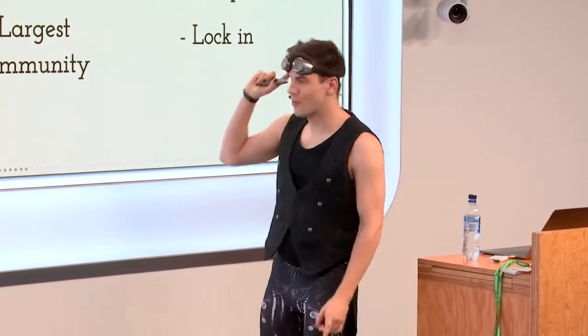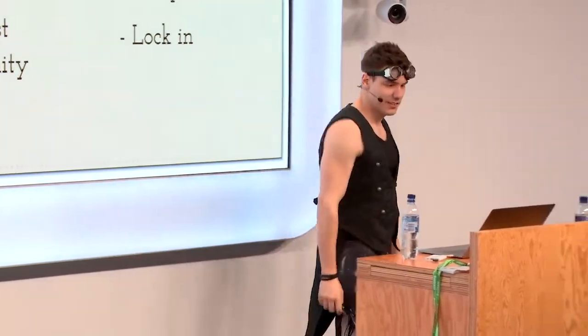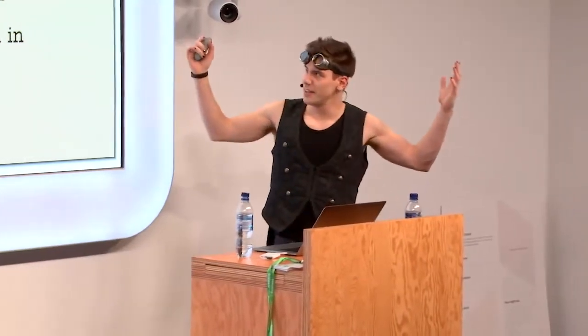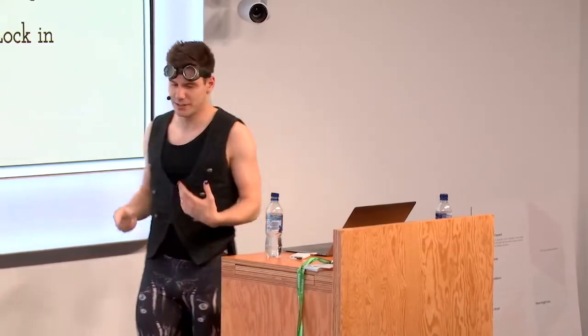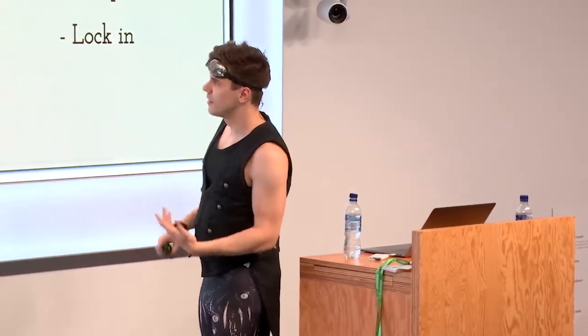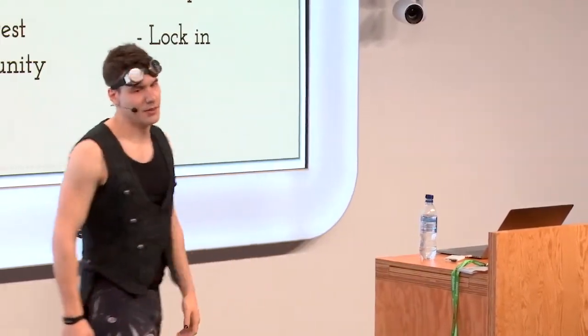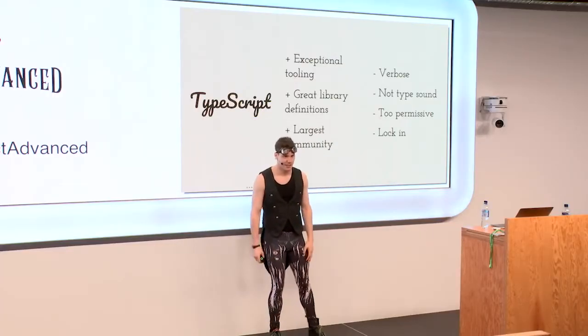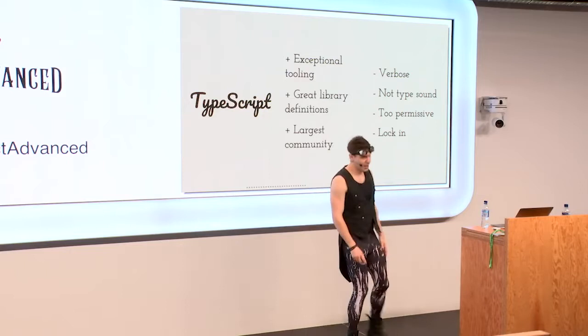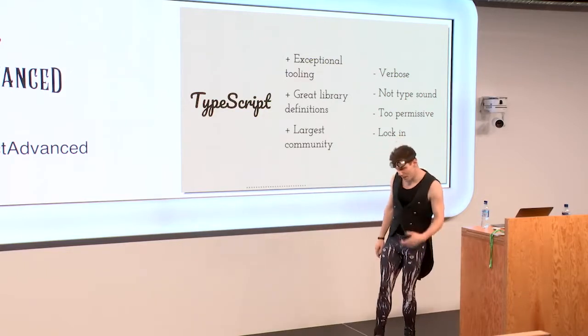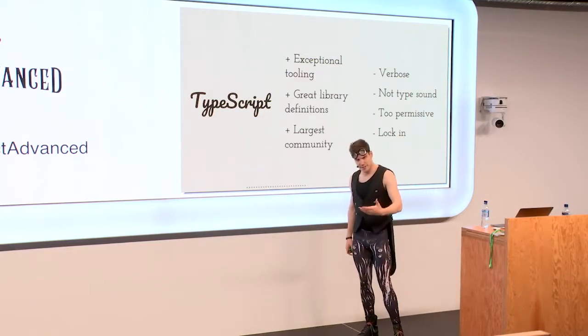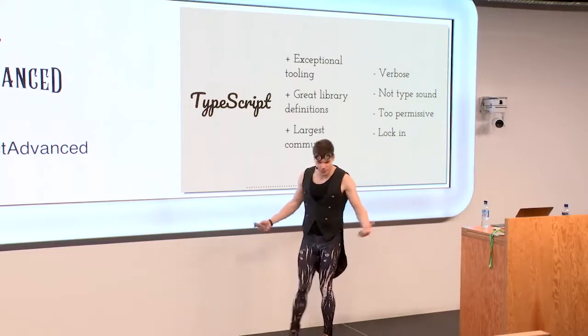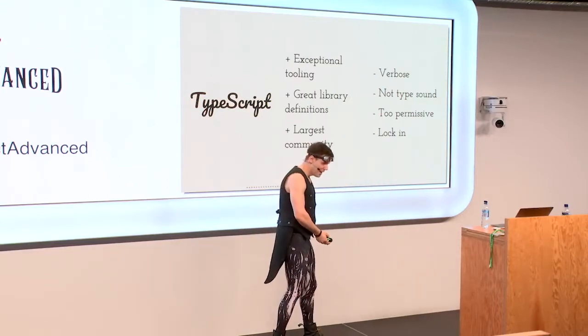It's great. The library definitions are good because it has a large community, and large community means you have lots of Stack Overflow posts, which are very important when you're trying to tackle difficult edge cases that can set you back many, many hours. On the downside, it's very verbose. You're going to be doing a ton of typing, and typing makes people sad. It's not type sound, and it never intends to be. What this means is if it says, I am a string, you can't actually be sure it's a string.